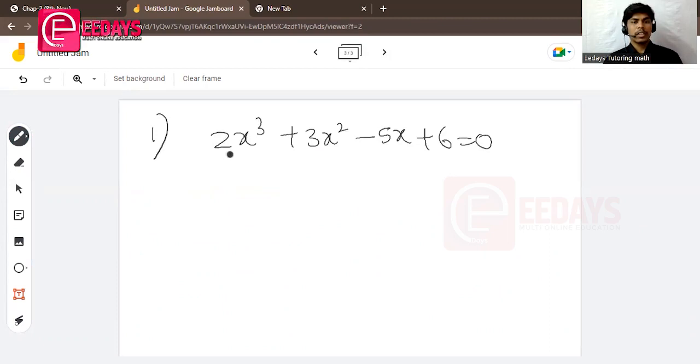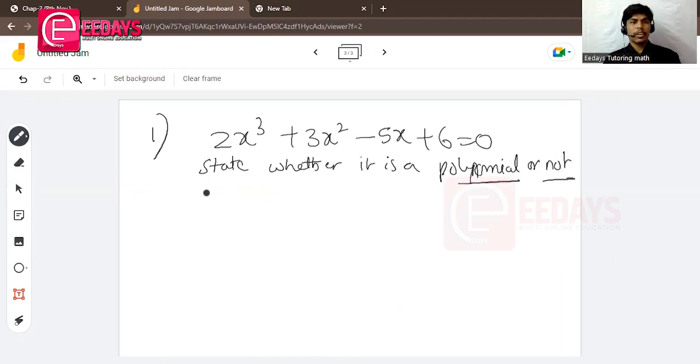State whether it is a polynomial equation or not. Find the answer.